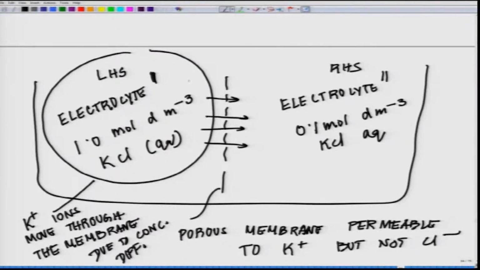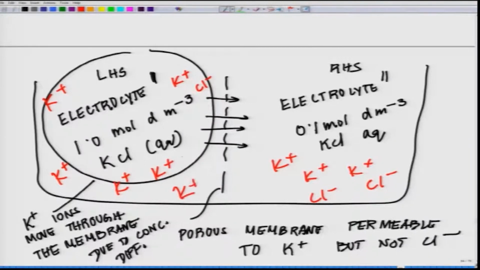So, what will happen? On this side you have K plus, Cl minus, and on the other side you have K plus, K plus, K plus, Cl minus, the same on both sides. It is only on this side you have a lot more K plus as compared to the other side, and automatically you will have Cl minus, but we are not bothered about Cl minus at this point because Cl cannot move.